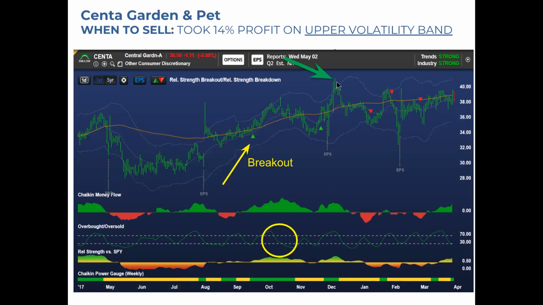It spiked up and I sold it for 14% profit at 40. Again, going above this upper volatility band. As you can see, that's a really great tell for, like, take your profit now and say thanks and get out of this stock, because they tend to pull back. Again, it went up in February, tend to pull back, right? And look what happened when they reported earnings in February.